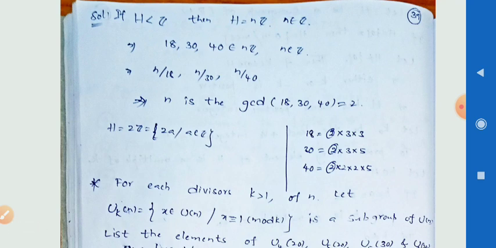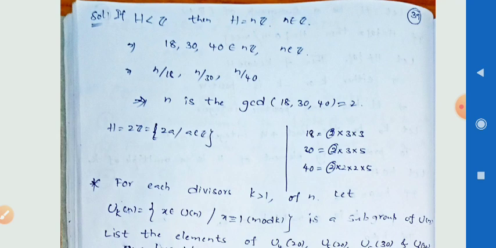Then the subgroup H must be n into Z, where n belongs to Z. Here the numbers given are 18, 30, 40 belonging to nZ, so n must divide 18, n must divide 30, and n must divide 40.